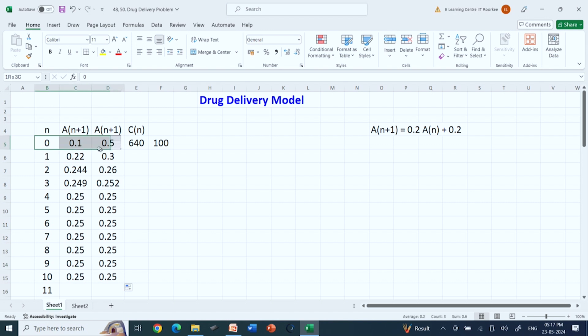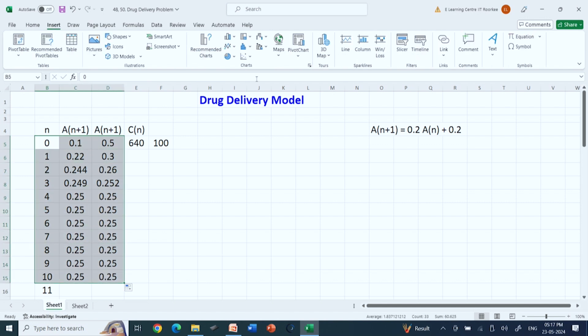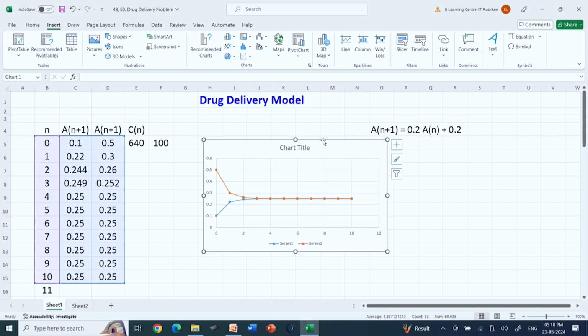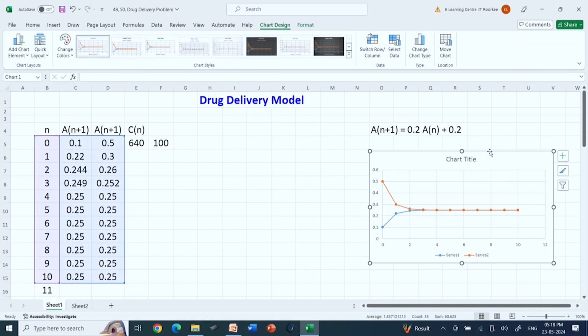If I plot these 10 values, I will see a graph like this. This problem has an equilibrium point at 0.25, and you can see that no matter what initial condition it starts from, it reaches the value 0.25, implying that the system is stable about the equilibrium point.